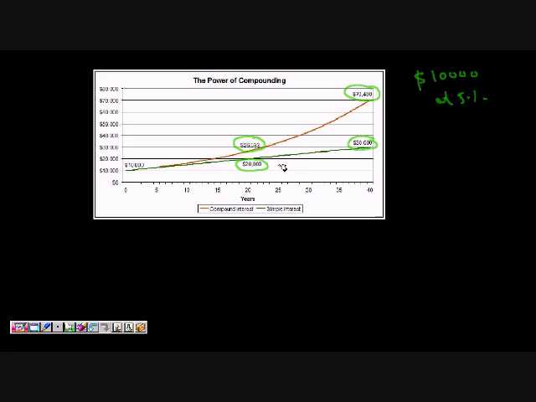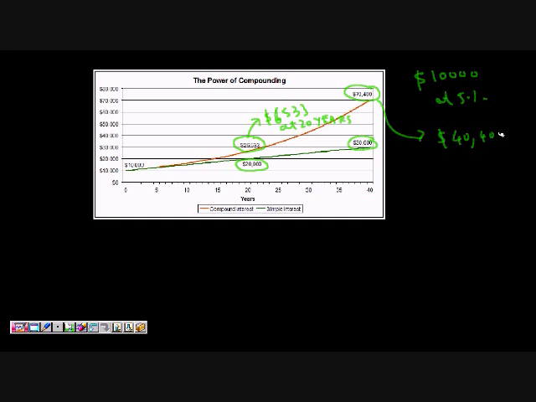So the difference is about $6,533 at the end of 20 years, but at the end of 40 years, the difference is about $40,400, which is a huge amount.